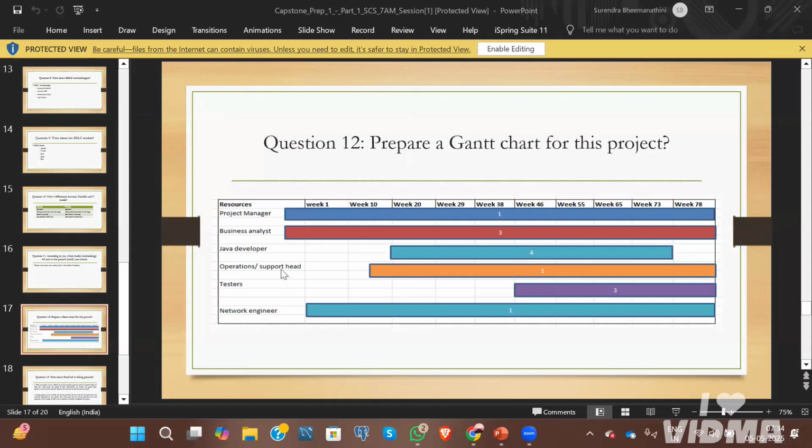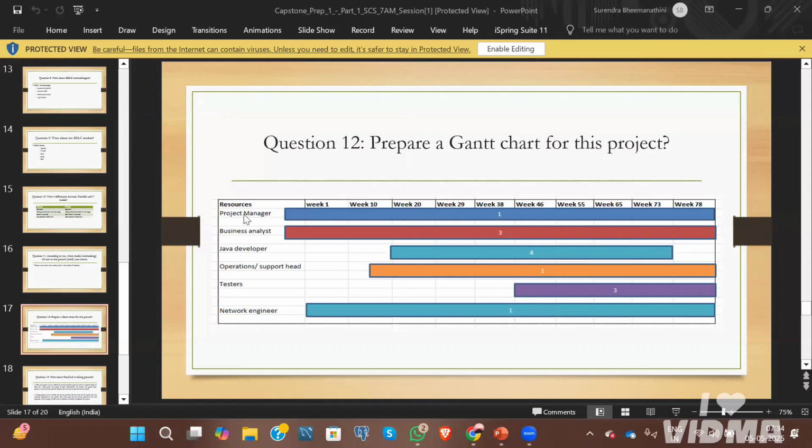According to that, we have these bars, right? The project manager is there from week 1 to week 78. That means he will have his role in this project from start to end. Coming to the Java developer, he will only start from week 20 to week 78, because the development stage will only occur at that time. That's why the Java developer starts from that week. The numbers inside these bars show how many people are actually working on this project.